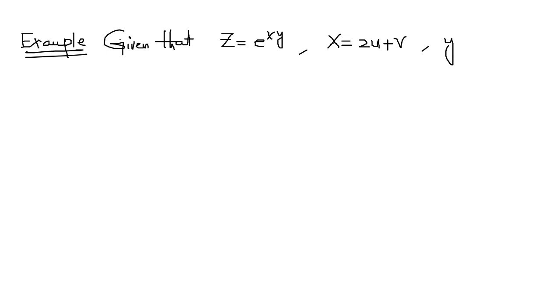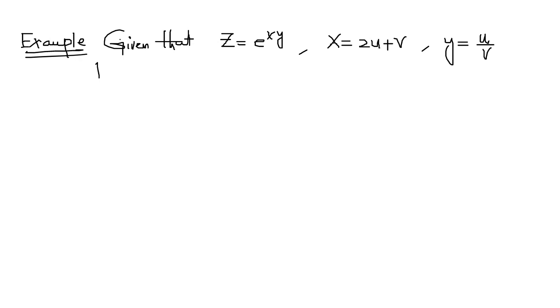It is given that z is equal to e power xy. Okay, z is a function of x and y, where x is given, which is equal to 2u plus v, so x is a function of u and v, and y is given, which is equal to u divided by v, also a function of u and v.